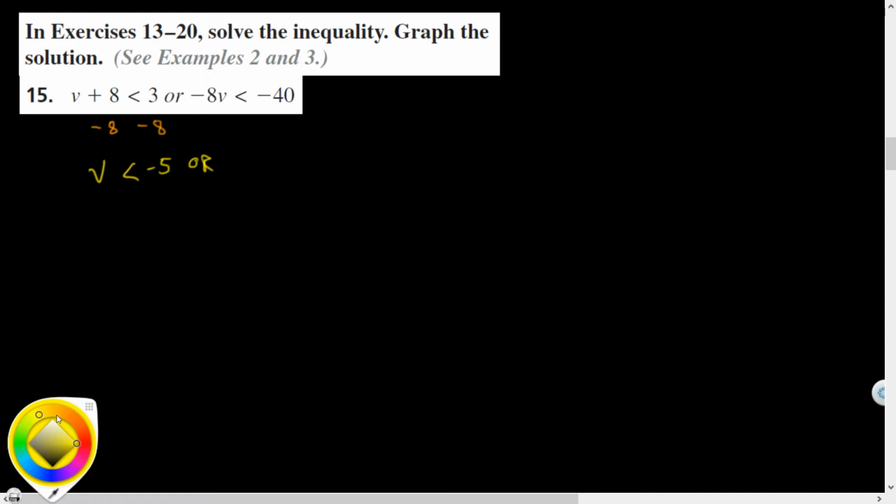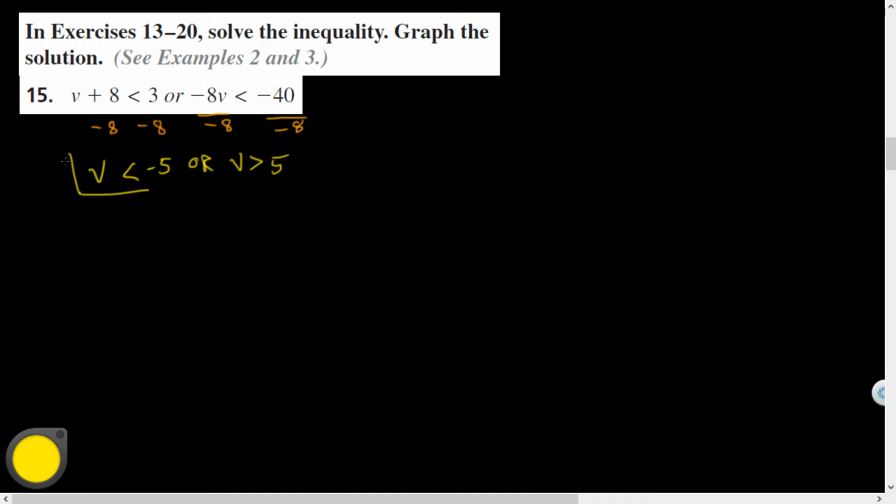Or over here, if I divide both sides by -8 to get the V by itself, it was currently being multiplied by -8, so the inverse operation is division. The ORs aren't lined up. V, flip that inequality because I divided by a negative, is greater than 5, and box it.